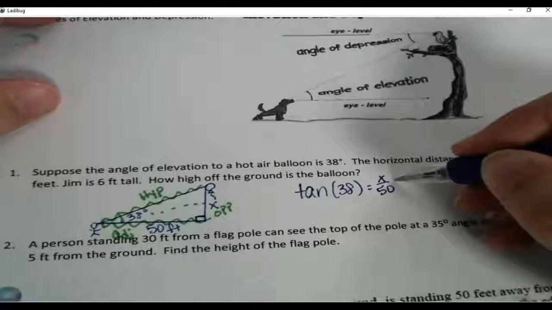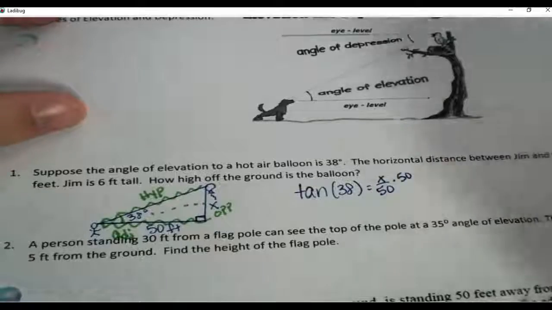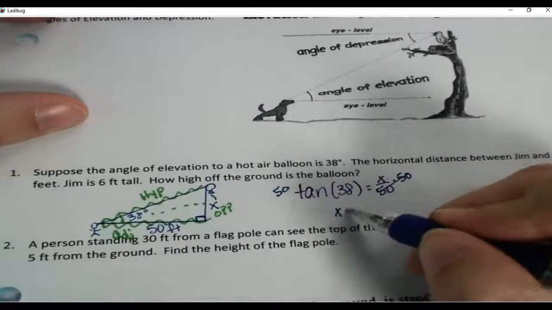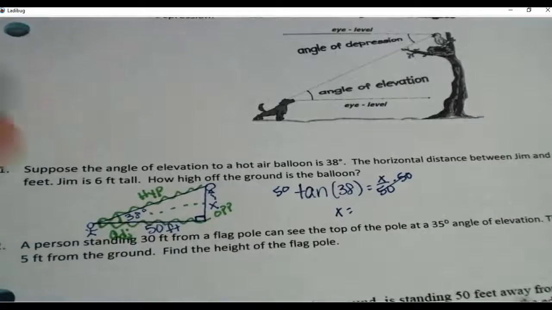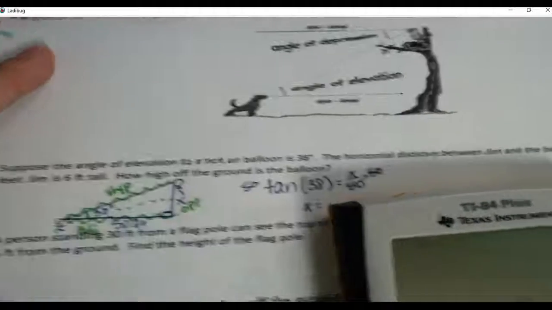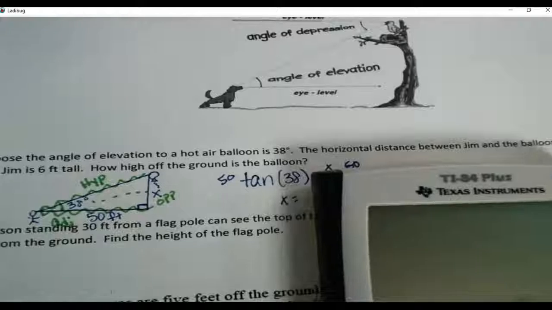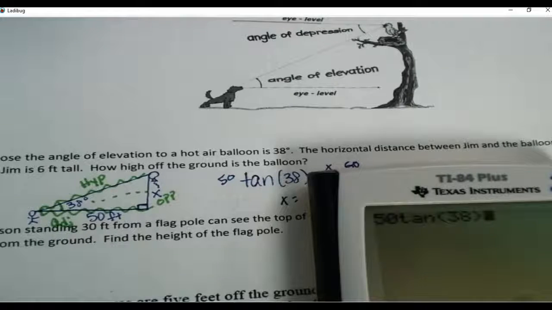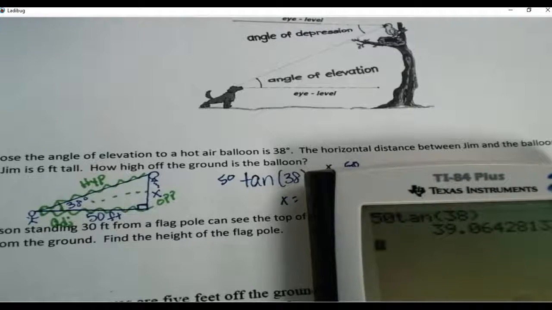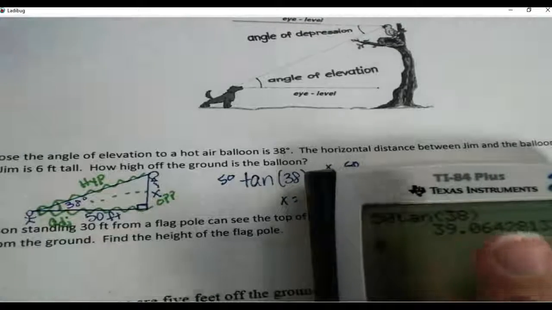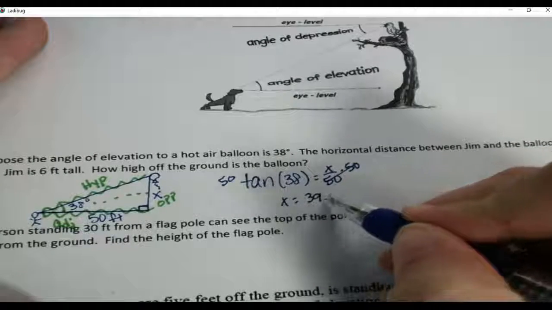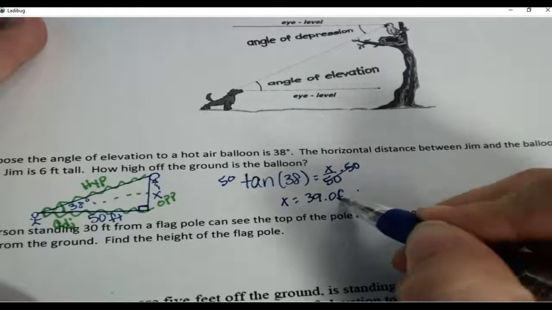To get rid of divide, we multiply by 50 on both sides. Make sure you're in degree mode, always your first step. So then 50 times tan of 38, and hopefully you get 39.06 feet.